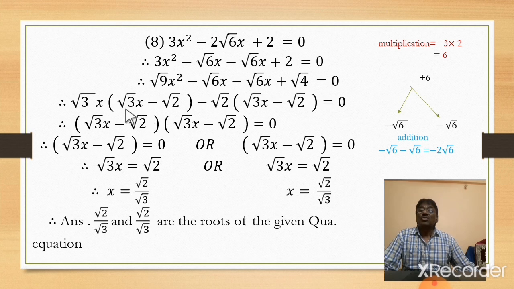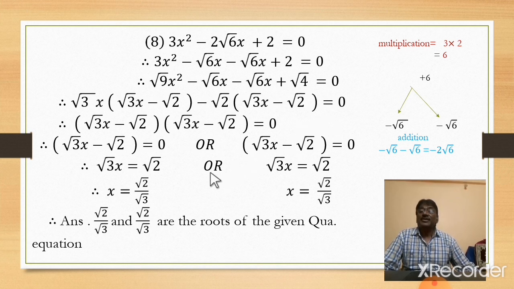Now the bracket root 3x minus root 2 is common, therefore we take it as common. Then we get in first bracket root 3x minus root 2, and in second bracket root 3 x minus root 2 is equal to 0.